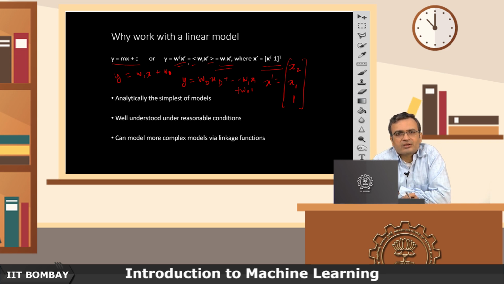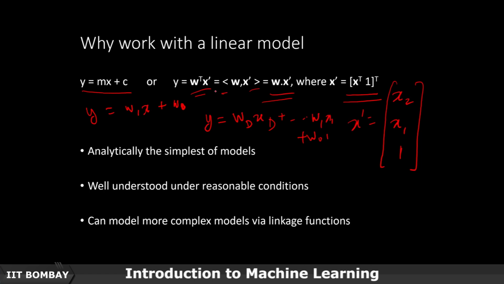Now the reason we study this linear model is because it is analytically one of the simplest models, and it is very well understood. The math behind it is quite inspired from probability theory and linear algebra.